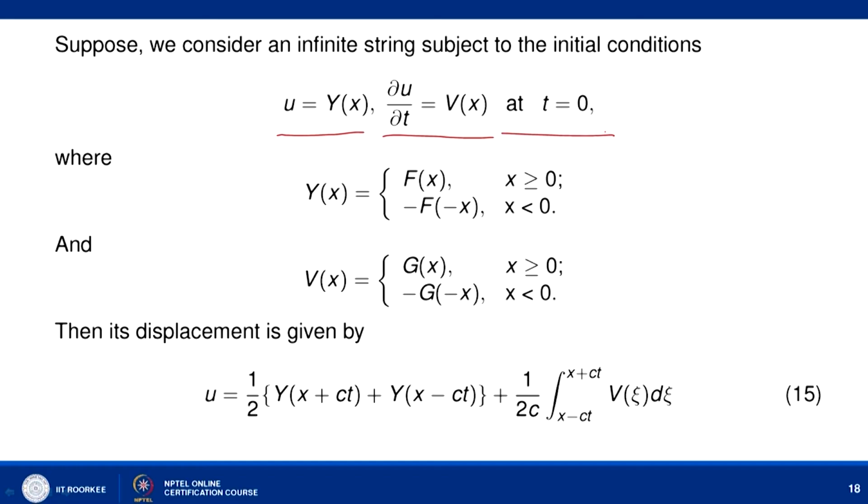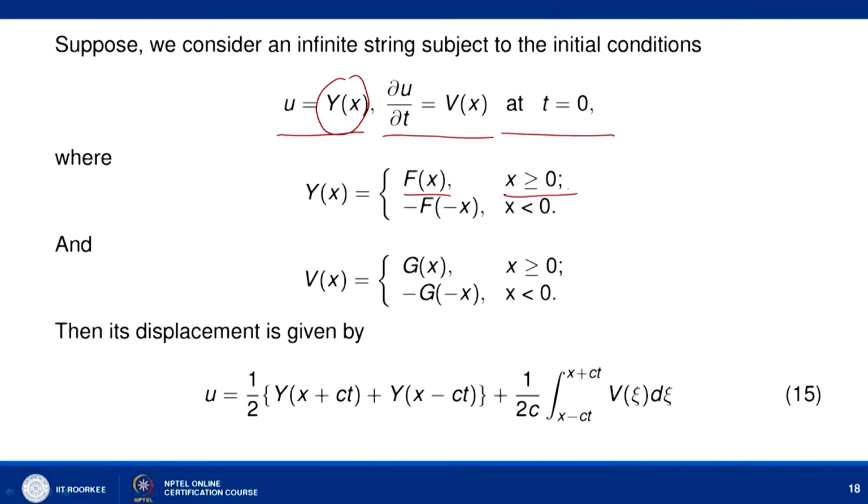Let y of x be equal to f of x for x greater than or equal to 0. This matches the condition already given for the semi infinite string problem.